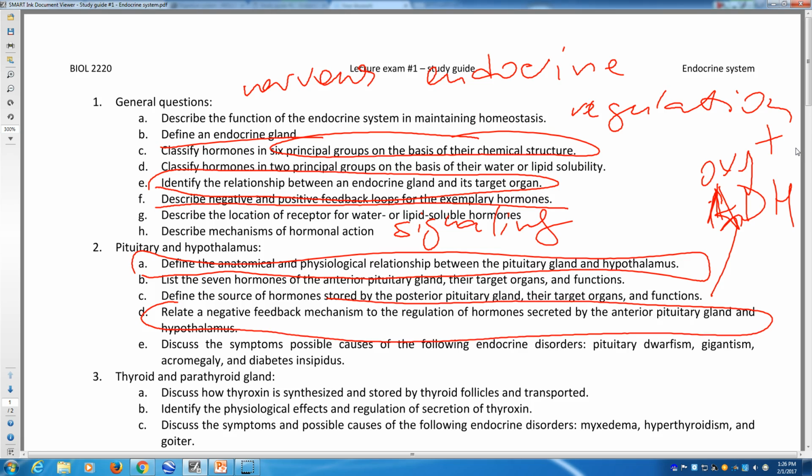Negative feedback, that will sound back when we talk about thyroid and adrenal gland. Remember, for growth hormone, what are the effects? Growth. Does it stimulate growth of muscles and bones directly or indirectly?